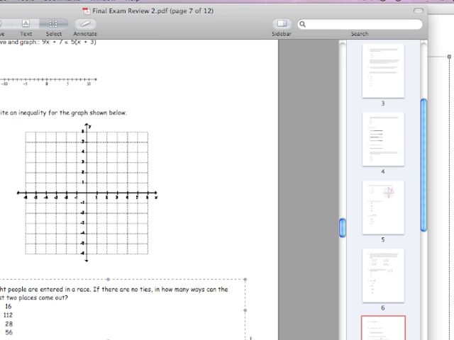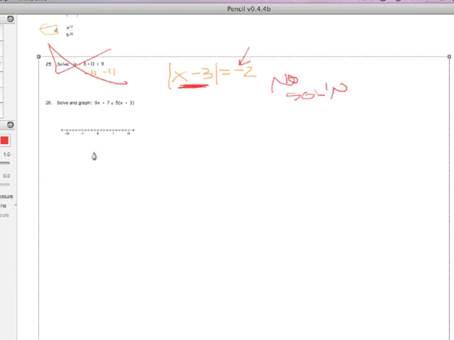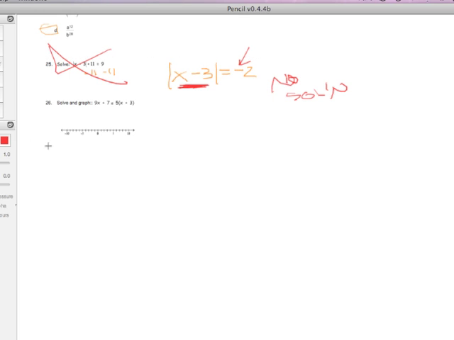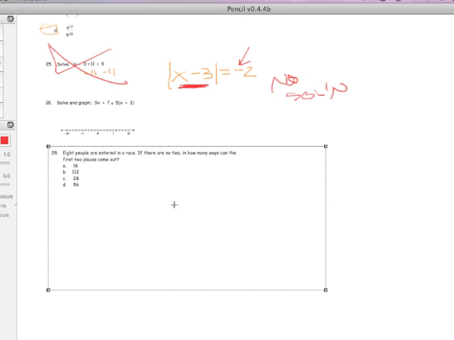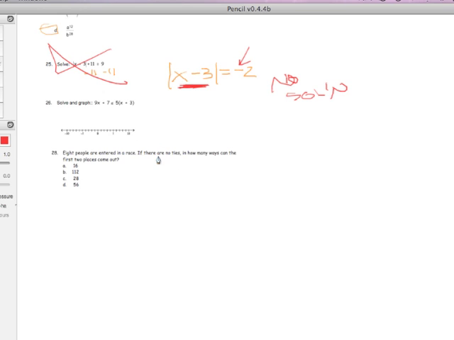Okay, this is another fundamental counting principle. 8 people are entered in a race. If there are no ties, how can the first 2 places come out? So we always drew first place. Let's draw a podium like that, and second place.